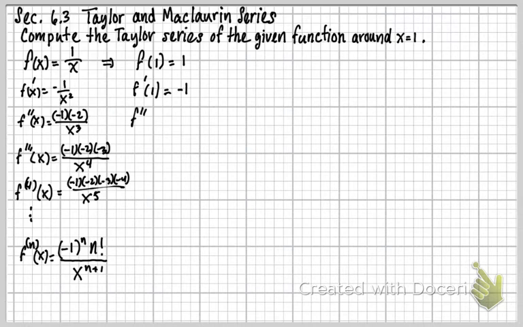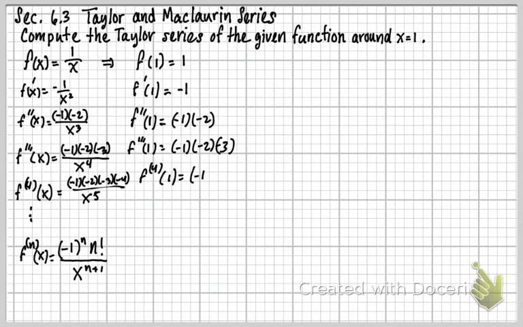And f double prime of 1 is going to equal negative 1 times negative 2. F triple prime of 1 is going to be negative 1 times negative 2 times negative 3. The fourth derivative of 1 is going to be negative 1 times negative 2 times negative 3 times negative 4.